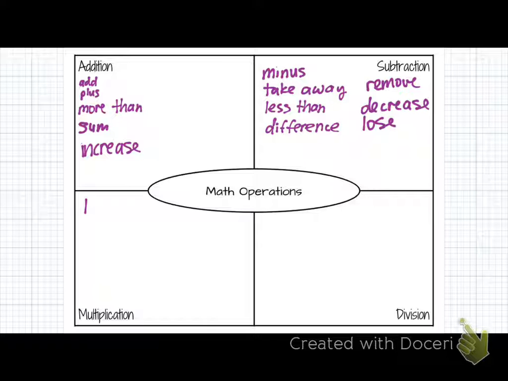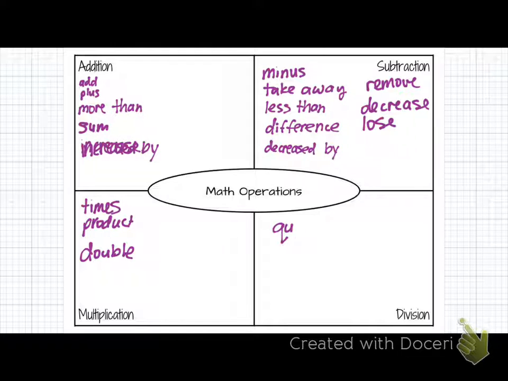Okay. Then the next section is multiplication. These are the ones that I came up with: of, times, product, double or triple, right? What's going on here? Oh, we have increased and decreased. Good.